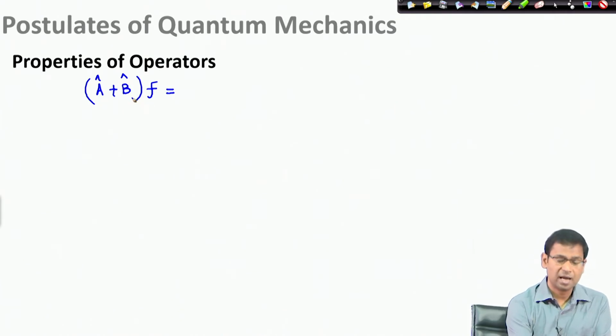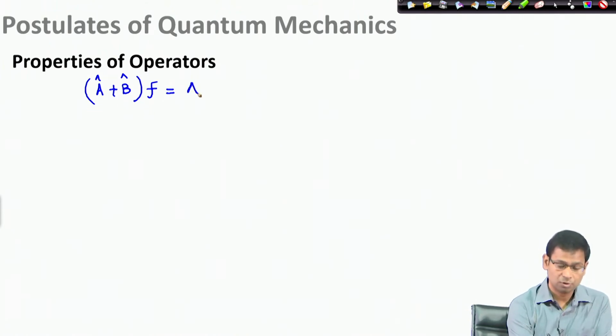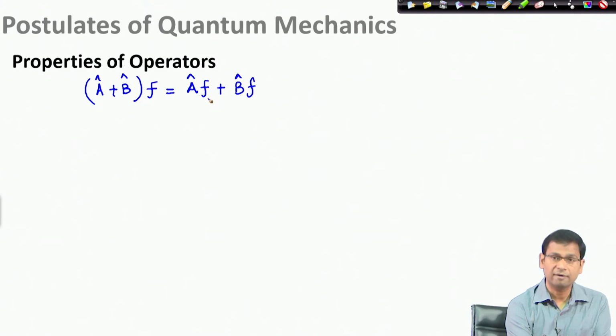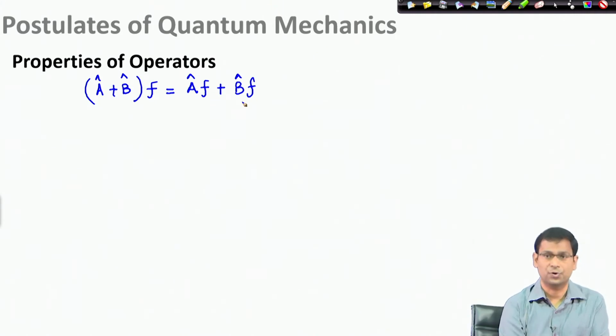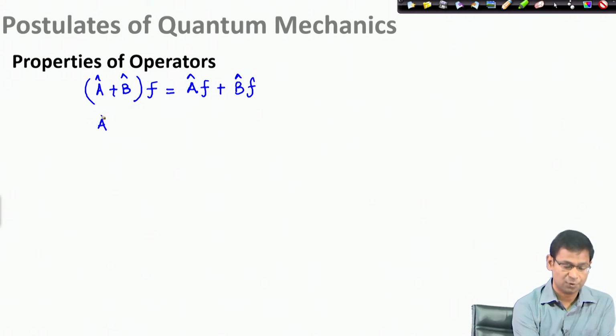So, operator A plus B, when they together act on a function f, we can also evaluate this as A acting individually on f plus B acting individually on f. This is the sum rule that the operators follow. Similarly, there is a product rule.